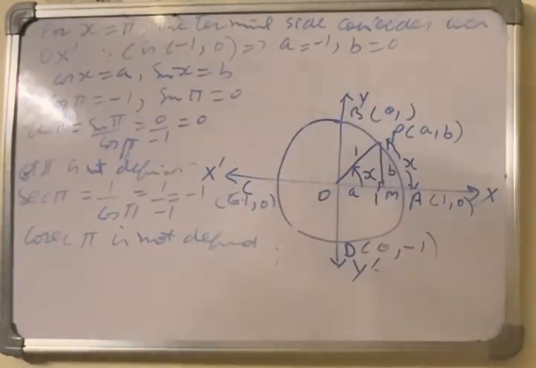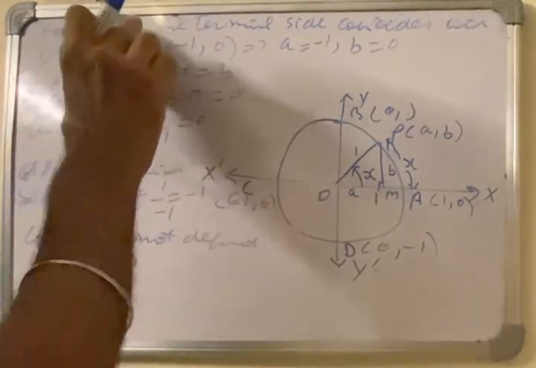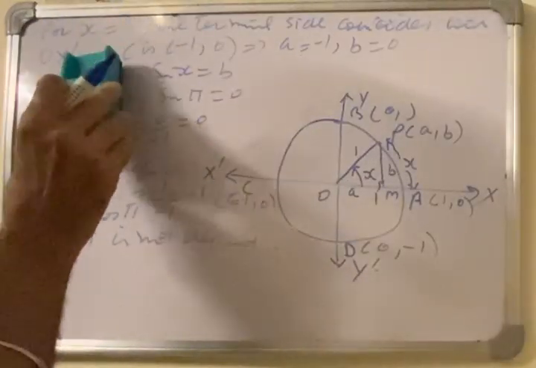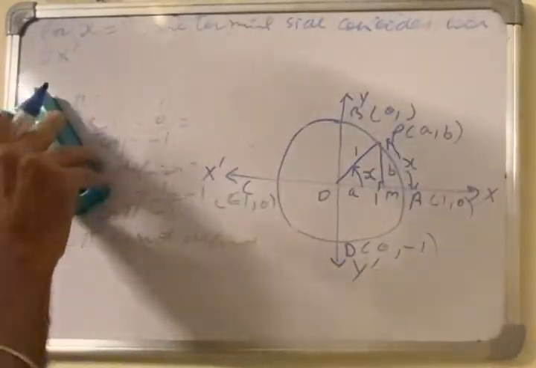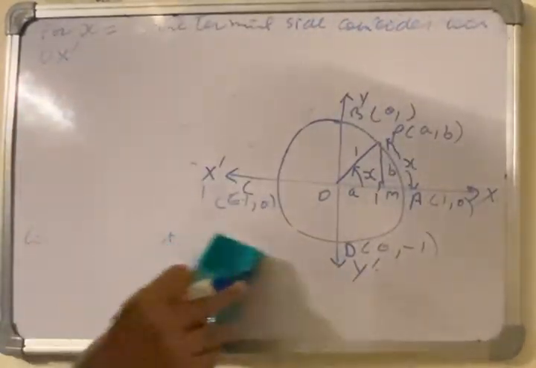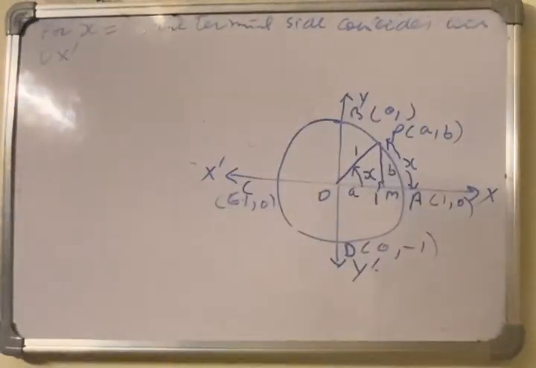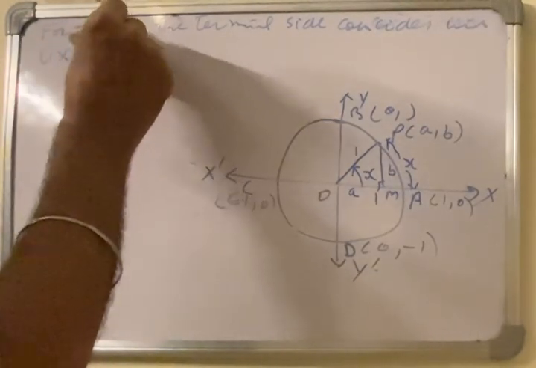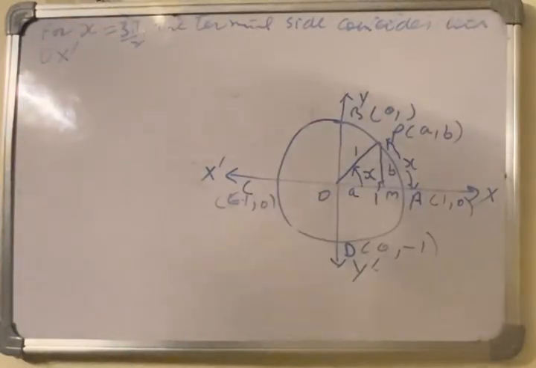Then next, for the case when x is 3 pi by 2, the terminal side coincides with OY dash.